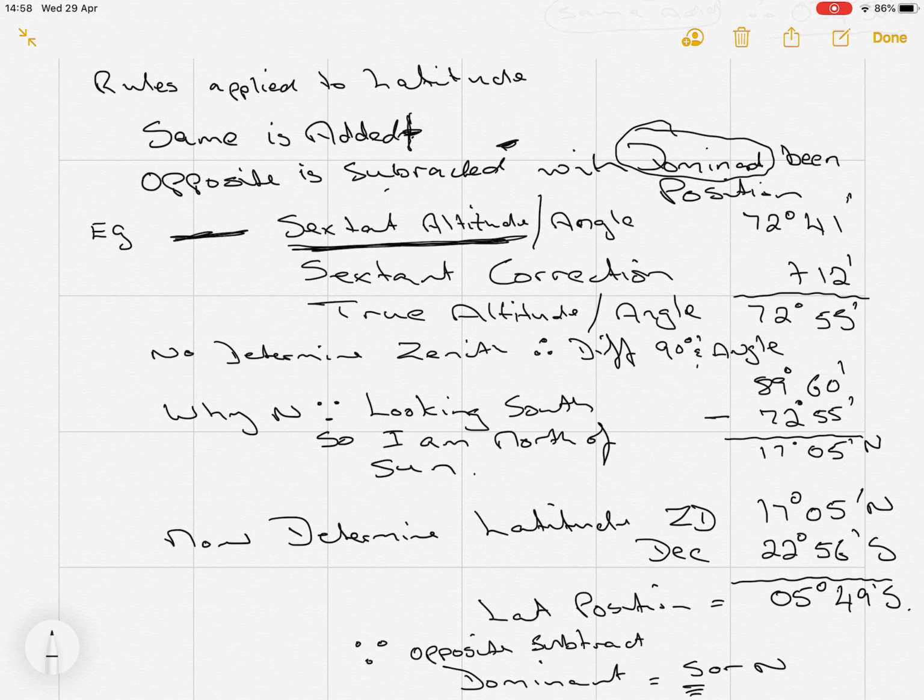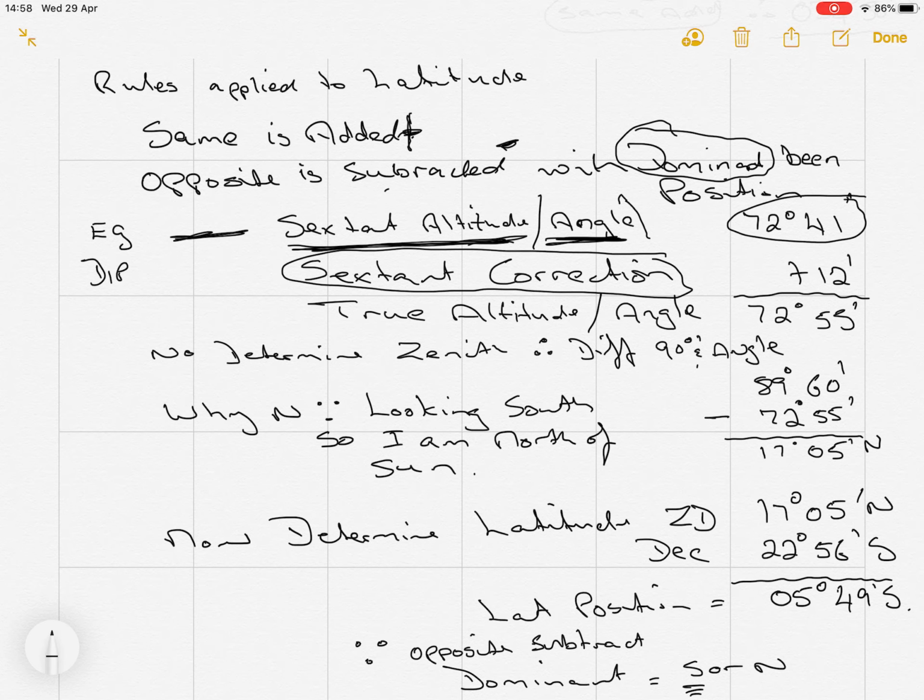They use the word altitude, but it's the same as the angle from the horizon to the sun. That is that angle. I then have a sextant correction, which is correcting for dip, index error, and the lower limb of the sun, bringing it down.